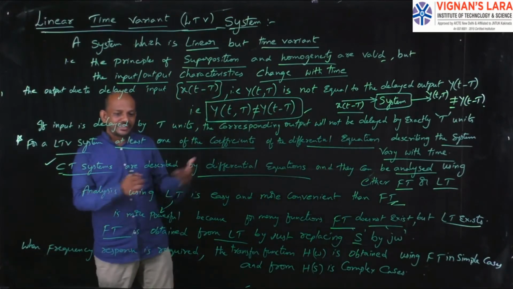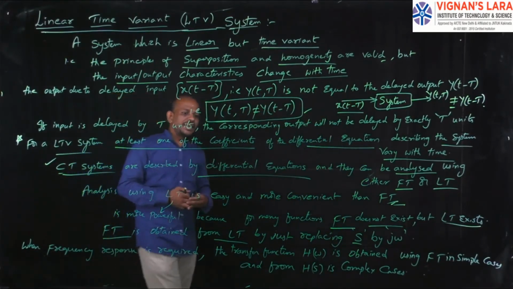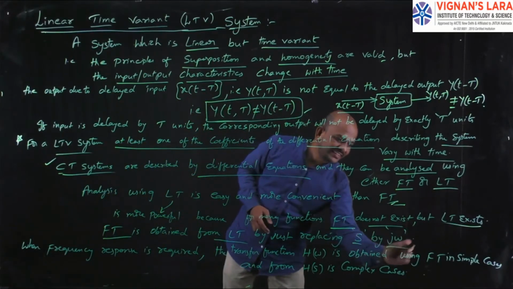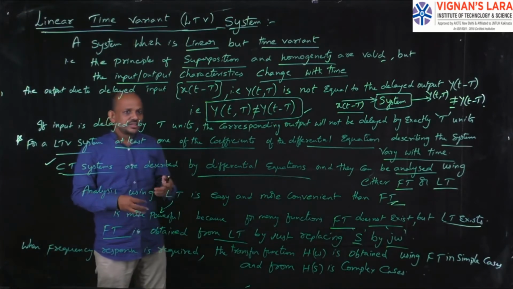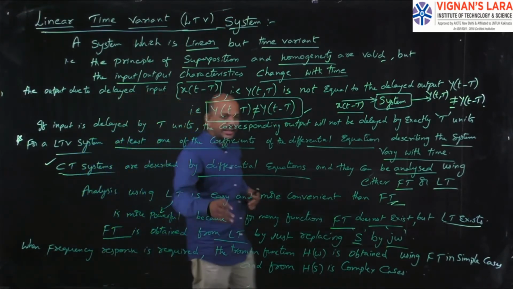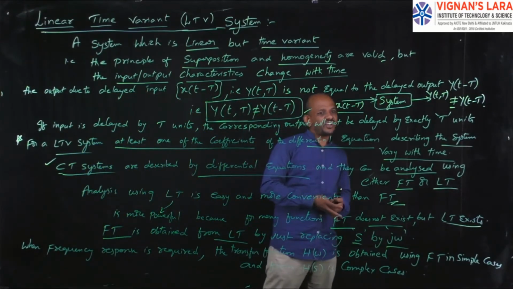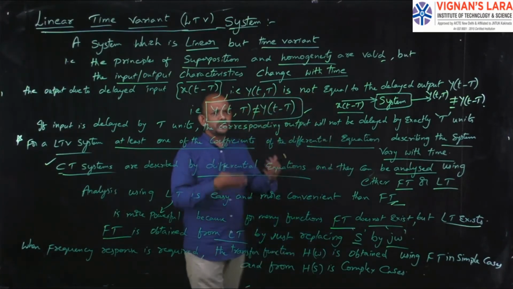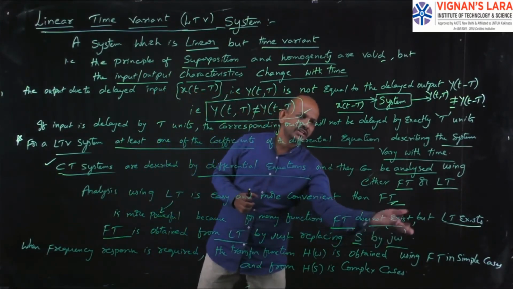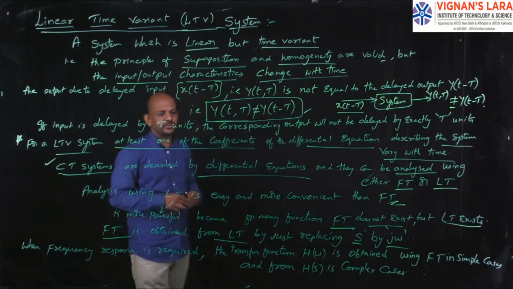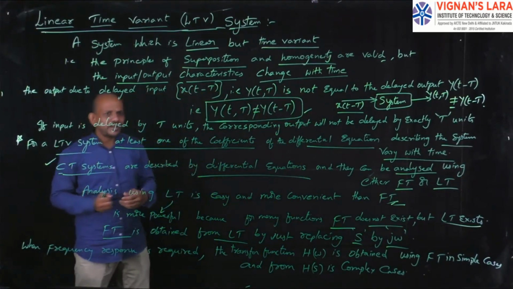If I have the Laplace transform, I automatically get the Fourier transform by replacing s by j omega. So in most cases we prefer the Laplace transform.